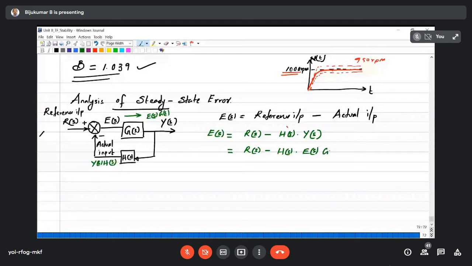Our aim is to find E of S. So moving this term over, we can write E of S plus G of S H of S is equal to R of S. From this, the error signal E of S is equal to R of S divided by 1 plus G of S H of S.